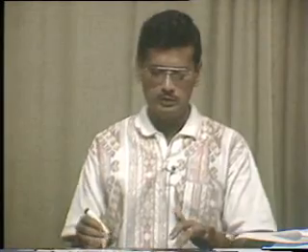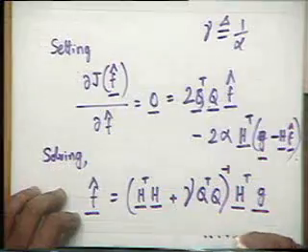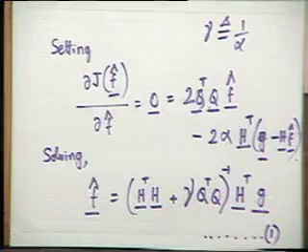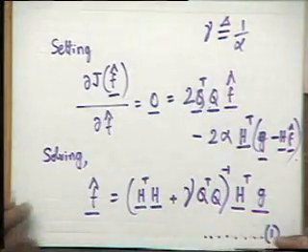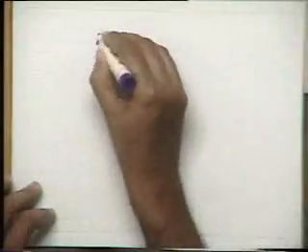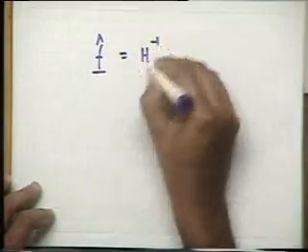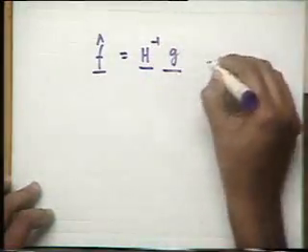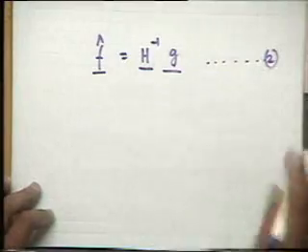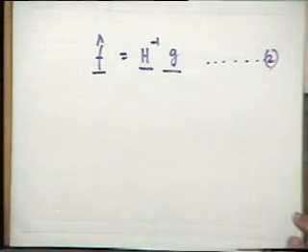Let us call this equation number 1. This is the equation we are getting for constrained restoration, and for unconstrained, what we got was very simple. We had obtained f hat equal to simply H inverse G. This we are calling equation number 2. Now if we proceed with equation number 2, we know what we will get: the inverse filter, which we already discussed.